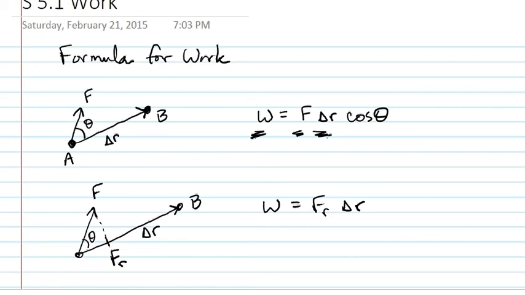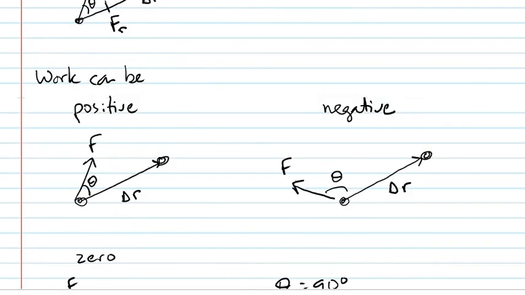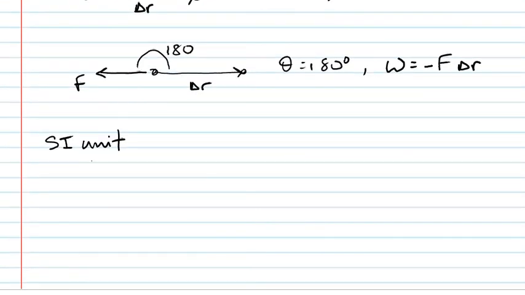But in SI units, the work, force times a displacement, is going to be a Newton times a meter. That will be the SI unit of work. So it's a Newton times a meter, but that is given its own special name. That's the joule, abbreviated with an uppercase J.